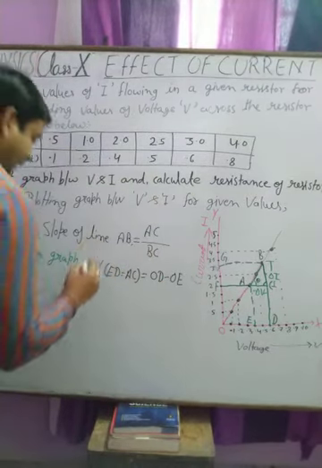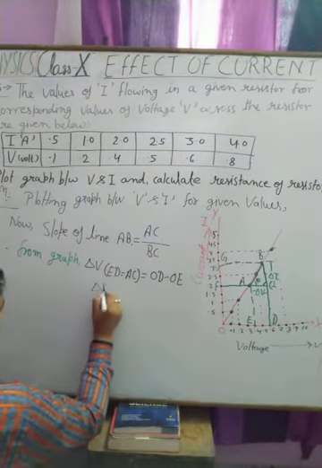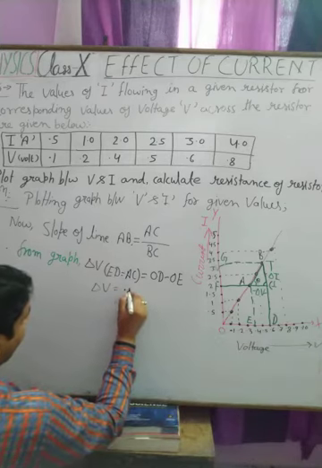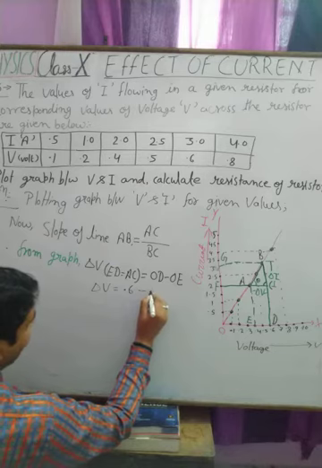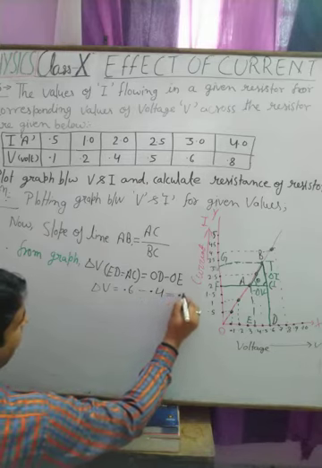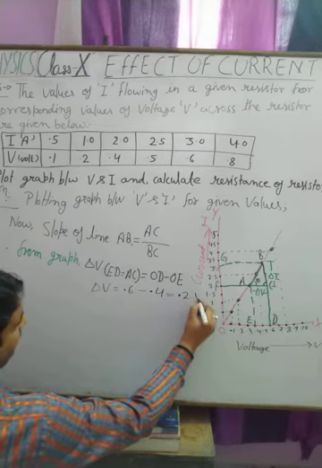That is, the value of del V is 0.6 minus 0.4, which is 0.2 volt.